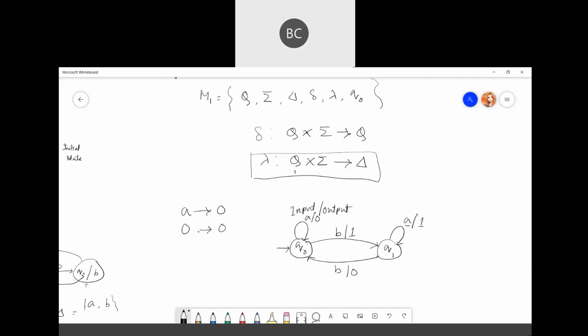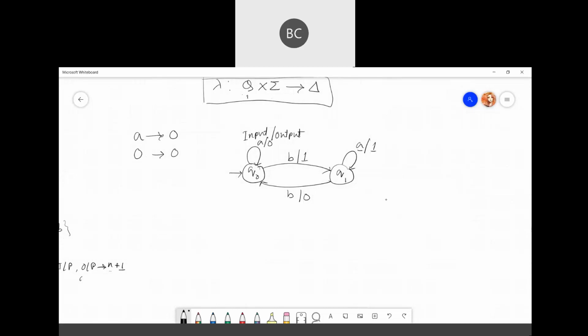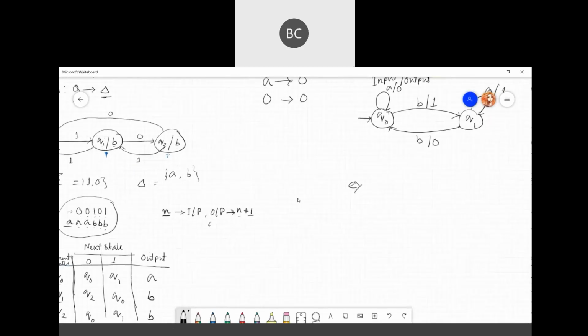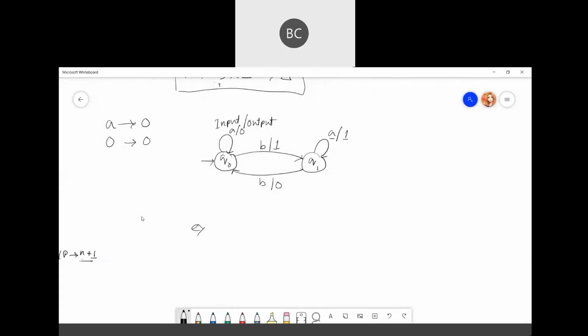So that's the difference. Let's take an example. In the case of the Moore machine, if the input is n, the output is n plus 1. But here, if the input is n, the output is also n, the same number, no extra.